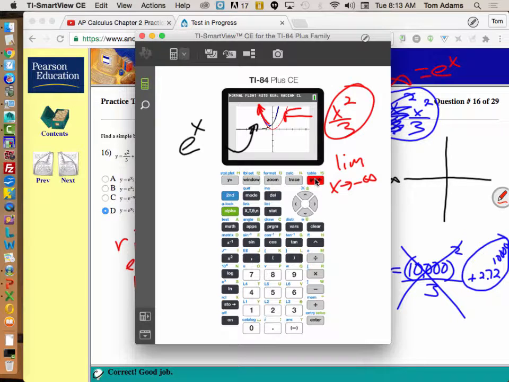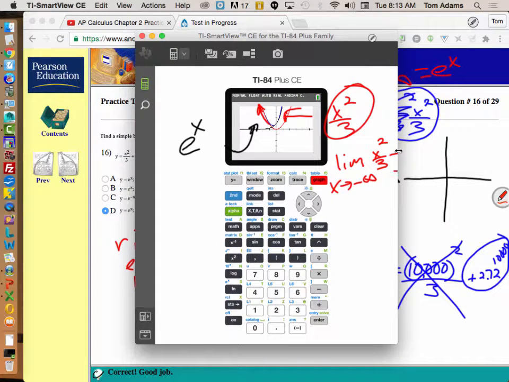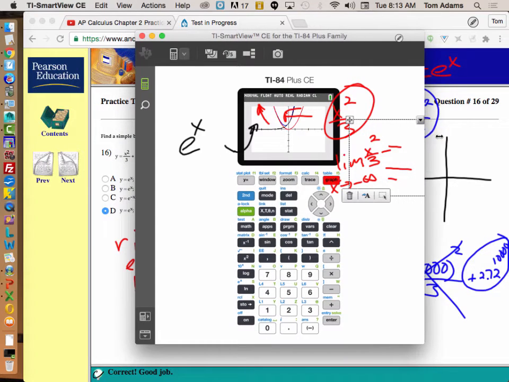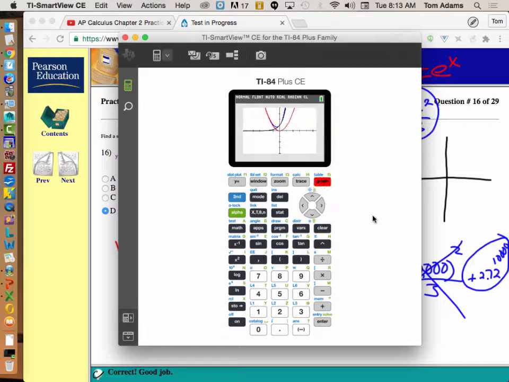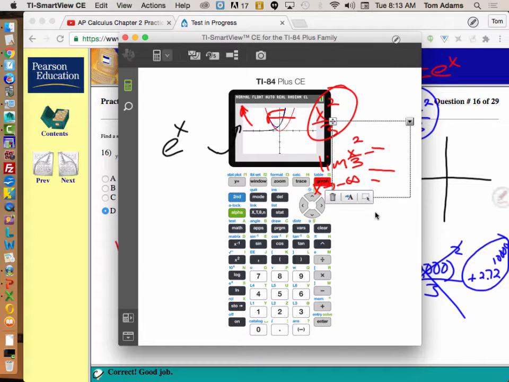So I took the limit of x squared over 3 plus e to the x, and it looks a lot like this if I look at the limit.